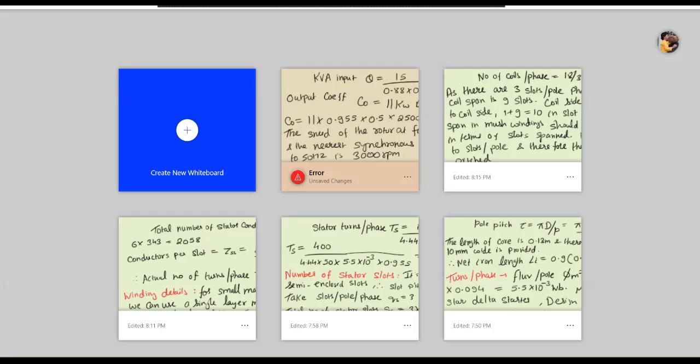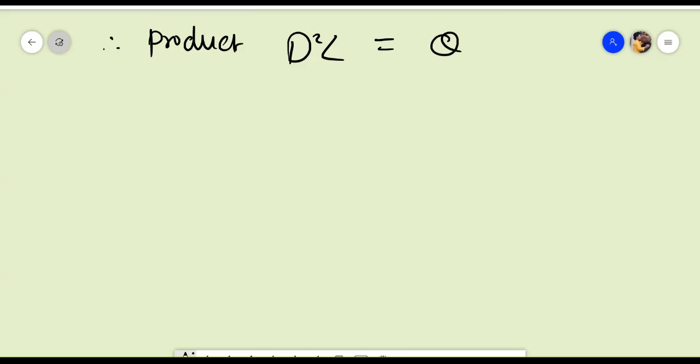Let me take a new page, and then we can just find the value of d square L. We know that the product d square L is given by this formula, Q kVA divided by C naught times ns.